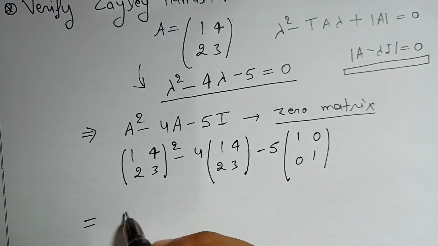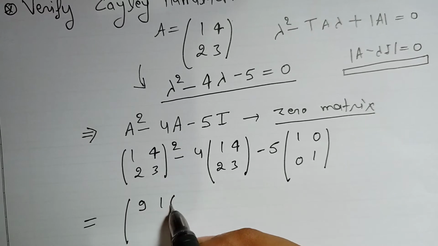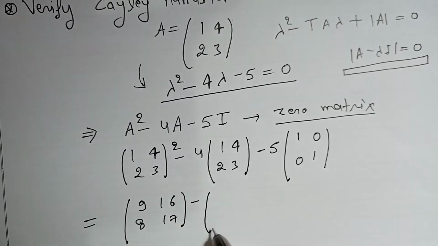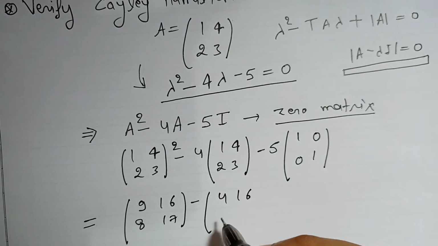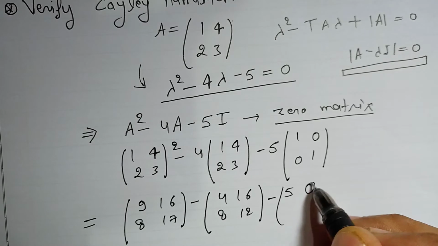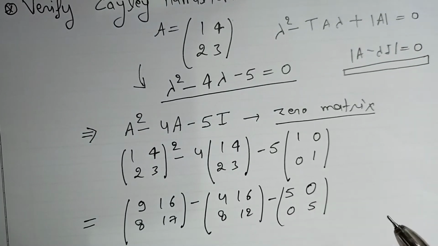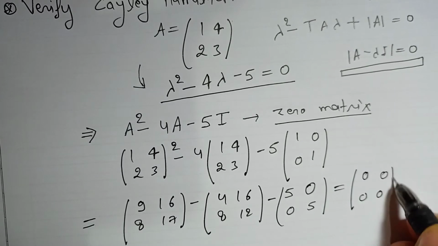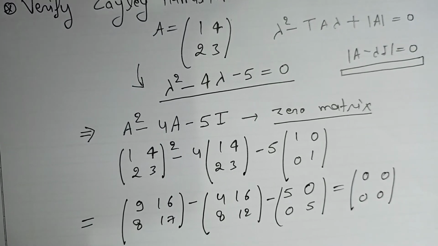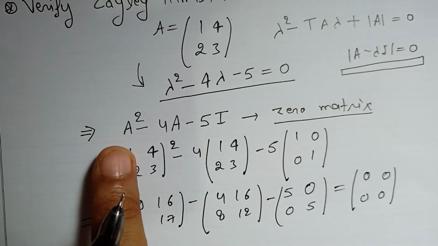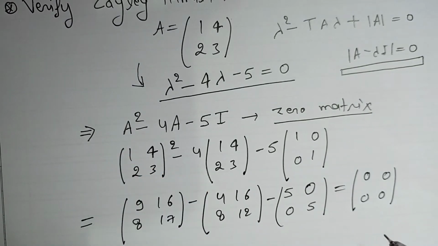This equals [9 16; 8 17] minus [4 16; 8 12] minus [5 0; 0 5]. If you simplify, we get [0 0; 0 0]. Fine. So we have seen that matrix A satisfies its characteristic equation. This is the verification of the Cayley-Hamilton theorem.